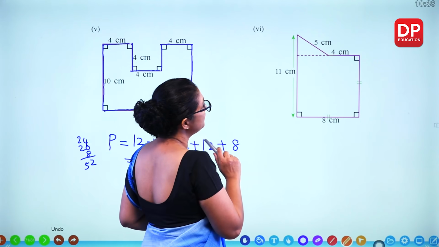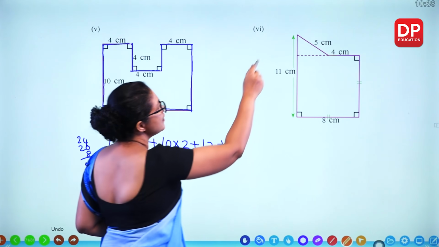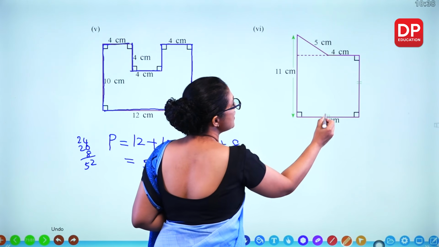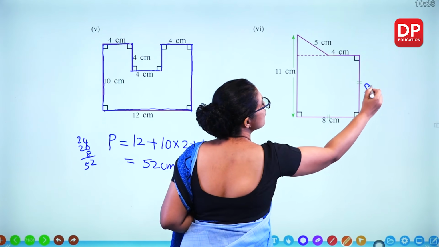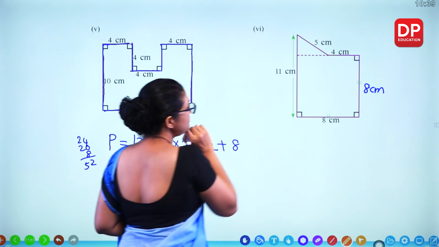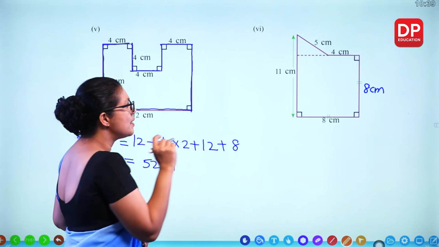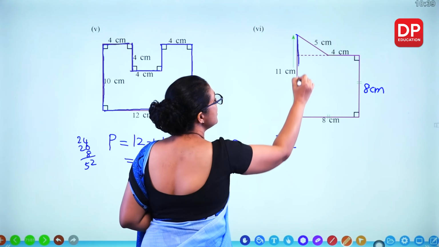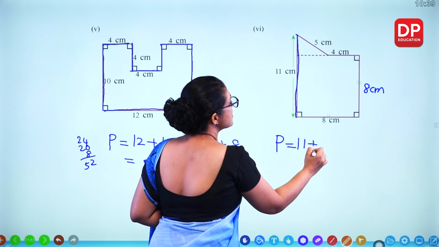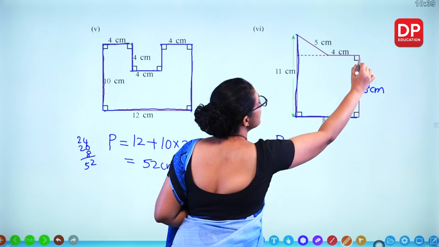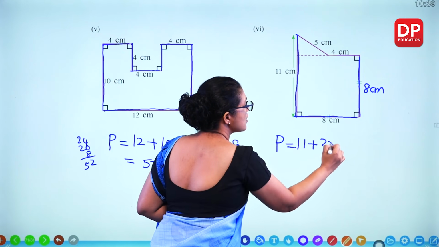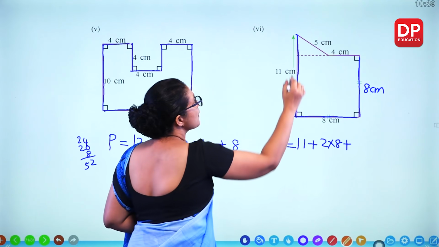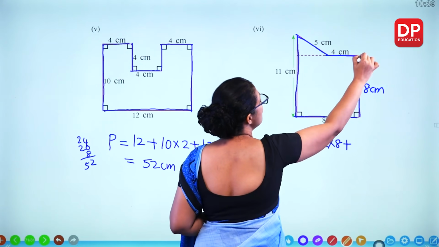Take this one. Here this is 11. Here can you see this length is equal to this length. So this is 8. Now we can find out the perimeter. Perimeter is equal to 11 plus 8 and another 8. 2 times 8. 5 and 4.